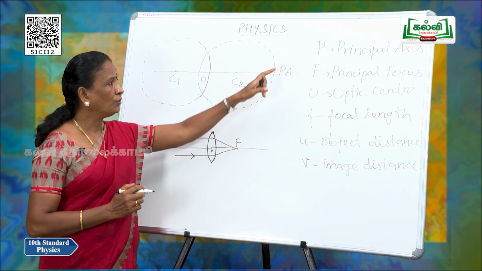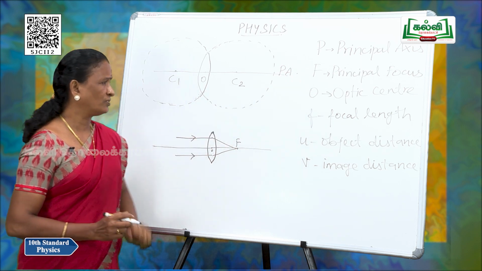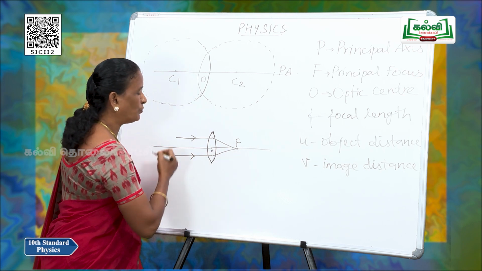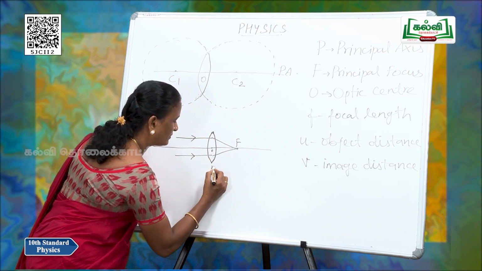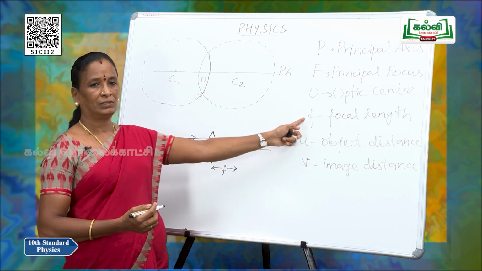Now we have seen principal axis and the principal focus. The distance between the optic center and the principal focus is the focal length, small f.